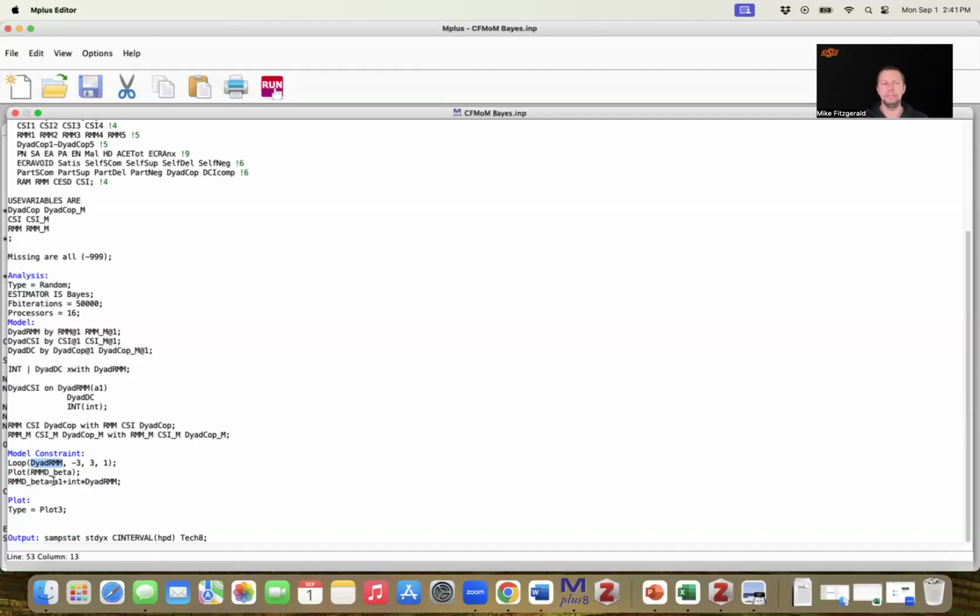Again, it doesn't really matter practically what we use because we're, again, interaction terms, we're just multiplying things together. So in this example, we're using relationship mindfulness as the moderator. And what we're going to do is loop that from values of -3 to 3 in units of 1. So that's what these values represent.